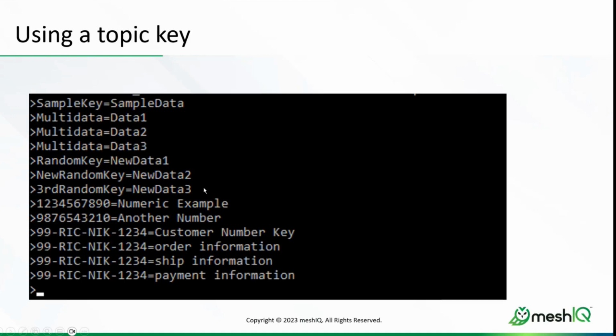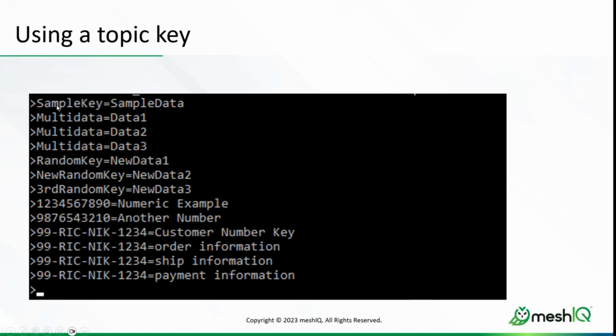Okay, so let's look at a different example. Let's look at using a topic key. So I went in and used the console command, and I just put in, I think it's 13, magic number 13 messages where it's a key pair. So this is the key, and then this is the data that I wanted to store. So that's what we're looking at here.